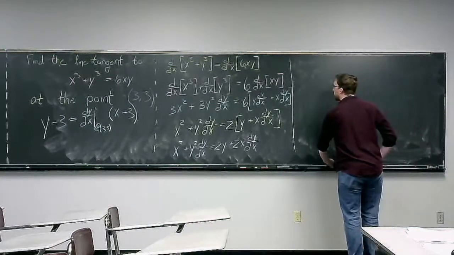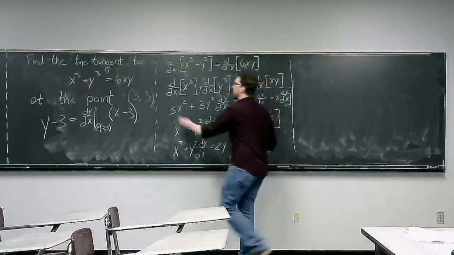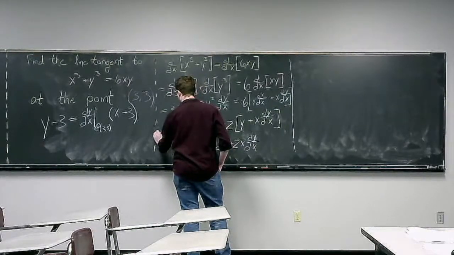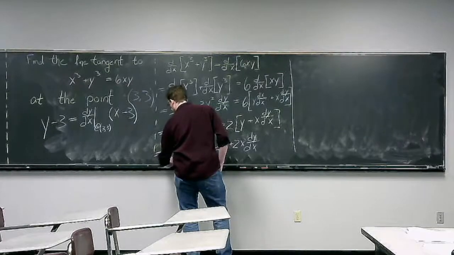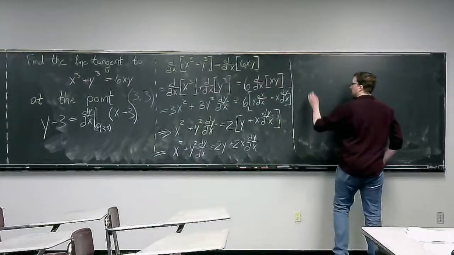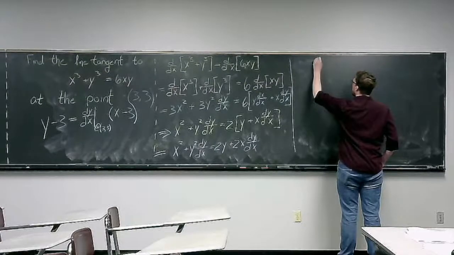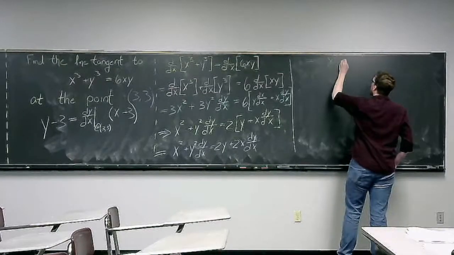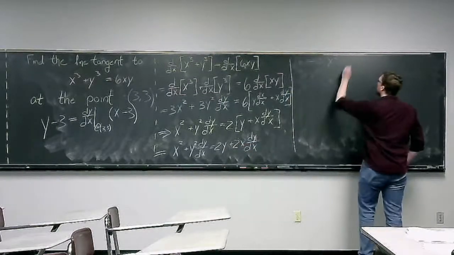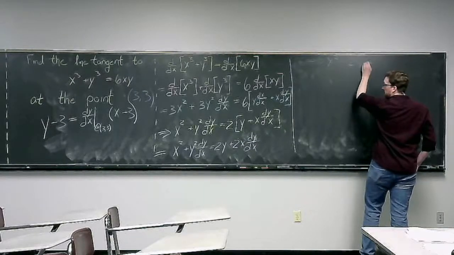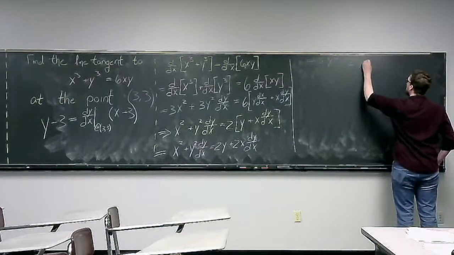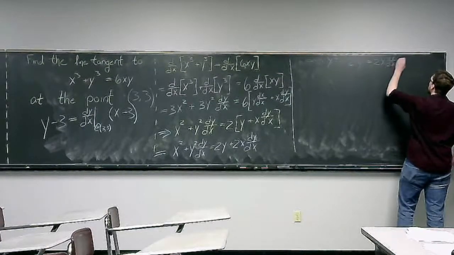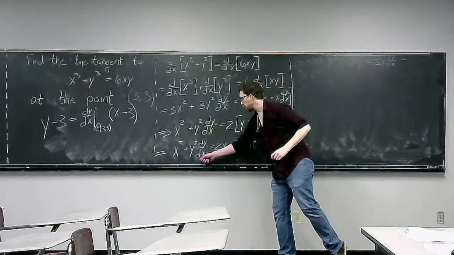So what that's going to end up looking like is x squared minus 2y is equal to 2x dy/dx minus y squared dy/dx.